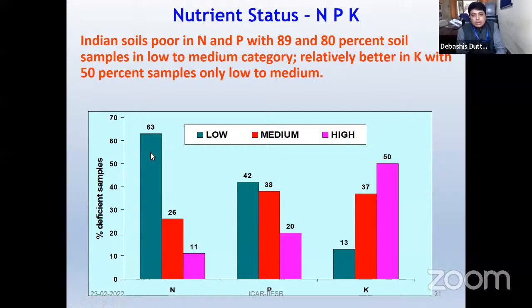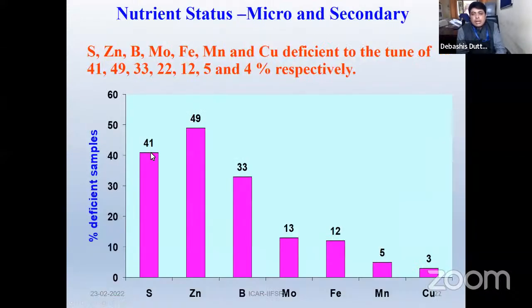So our Indian soils are low in nitrogen content, and that's why we are very concerned about nitrogen. And this is the secondary and micronutrient deficiency percentage of the samples we are getting during the analysis of soil samples collected from the different pockets of our country.